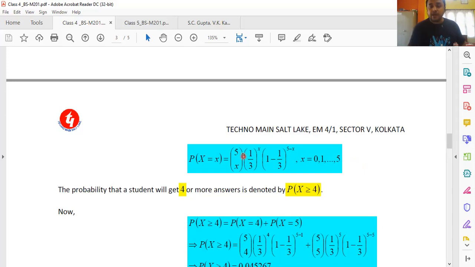I have applied the binomial probability law here. And we are interested in the student getting 4 or more correct answers, that is, either he gets 4 correct answers or 5 correct answers, not more than that, because the number of questions in the question paper is only 5.